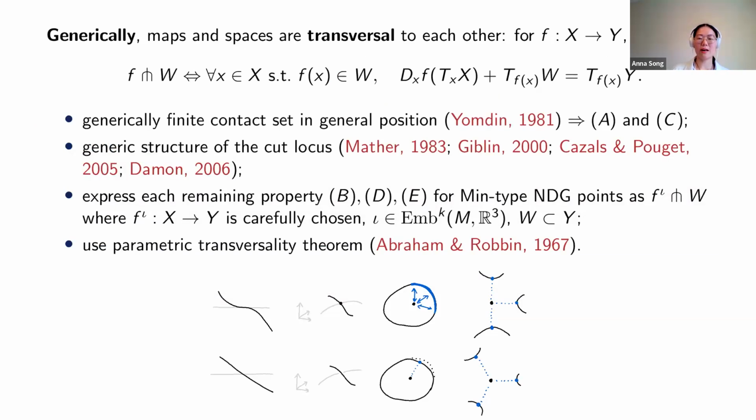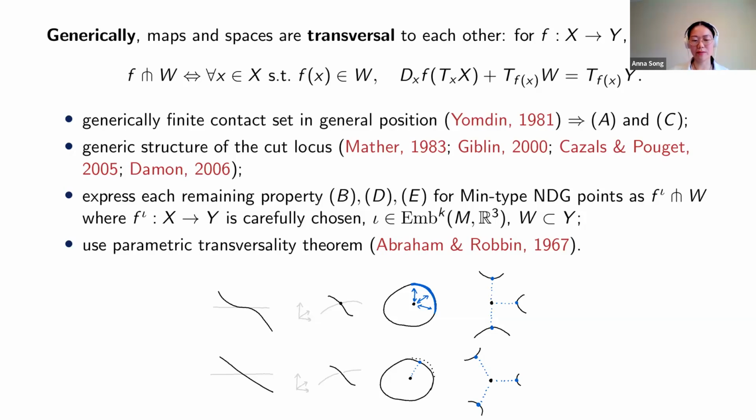The main idea is that being transversal in mathematics is something generic. Transversality between a map and a space means that you've got this equality: your map is sending the tangent space of your original space to some space complementary to the tangent space of W, and these together span the whole tangent space of Y. If you look at the examples at the bottom to give some more concrete illustrations, it is non-generic for two curves to cross in a tangential manner.